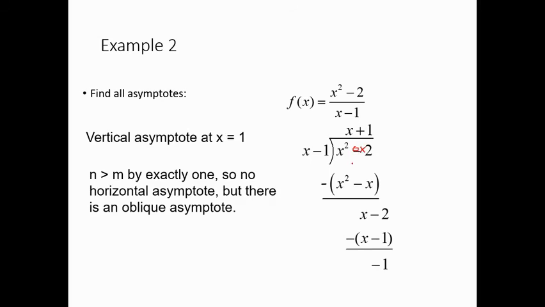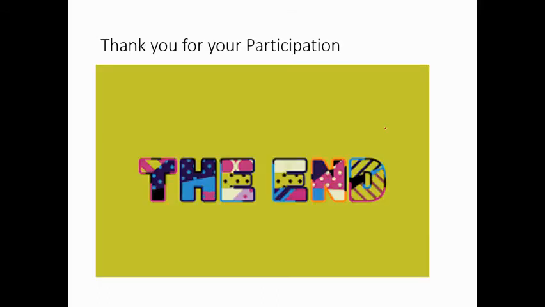Okay, but anyway, this is the part that we look at. Okay, so the slant asymptote is x plus 1. So again, I'd like to remind you that these have to only be 1 degree. So this is a 2 and this is a 1. So there's only 1 degree of difference between these, and we can find the slant asymptote.